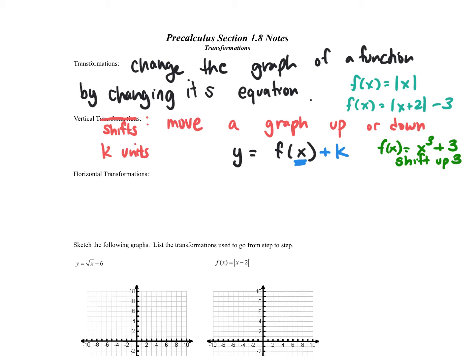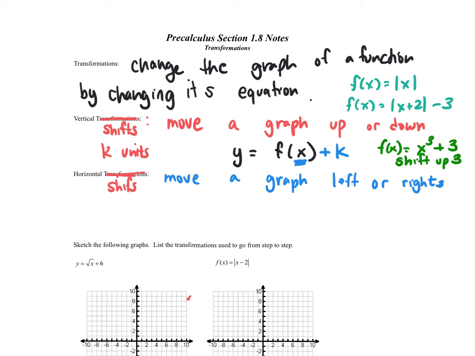So we can also have horizontal transformations, and horizontal transformations or shifts are going to move the graph to the left or the right. So horizontal will work basically the same way, but it works a little differently than the vertical because we can't do it on the outside.